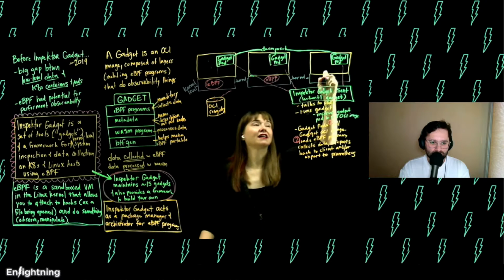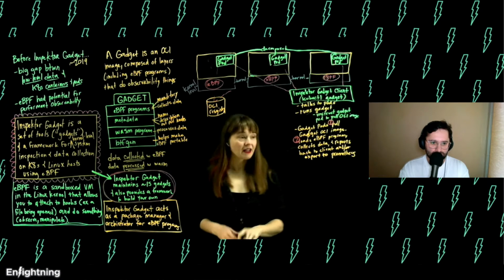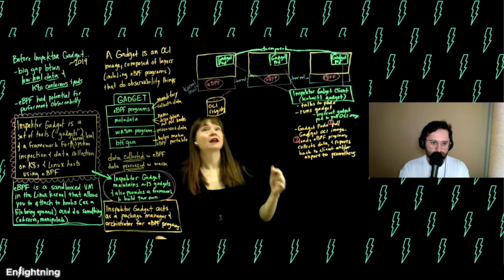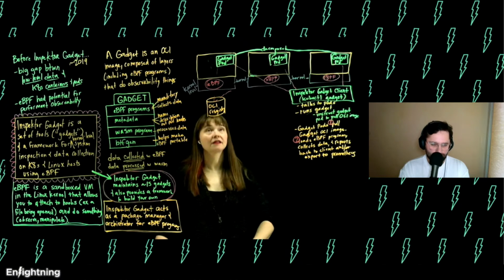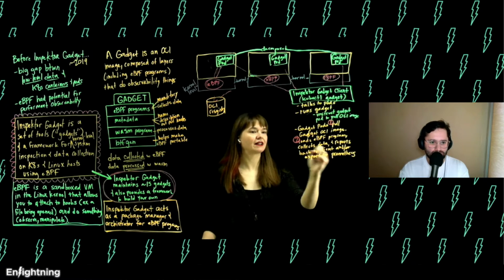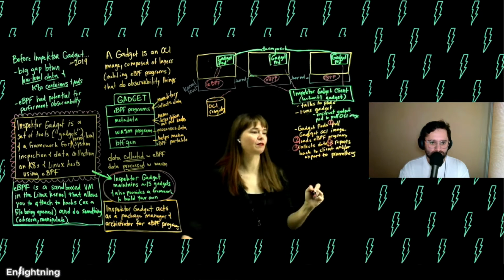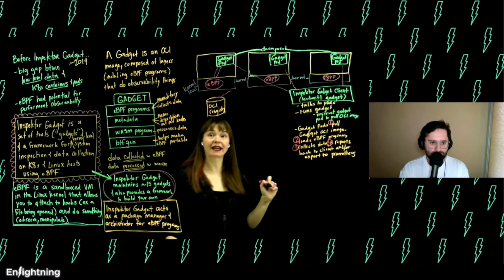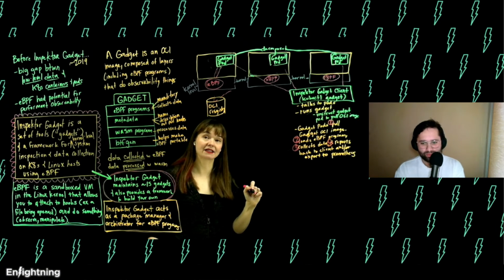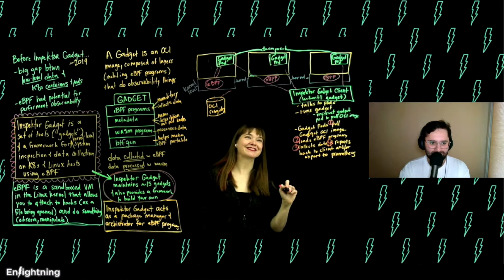Three, collect the data from the eBPF program; and four, with that data, report it back to the client or export it to Prometheus, or both. Awesome. Look at us go.